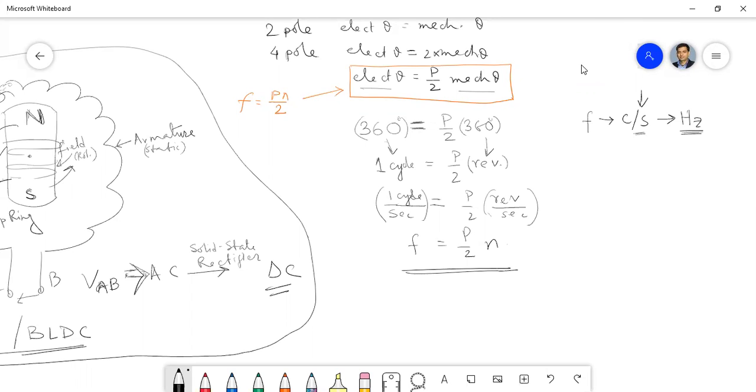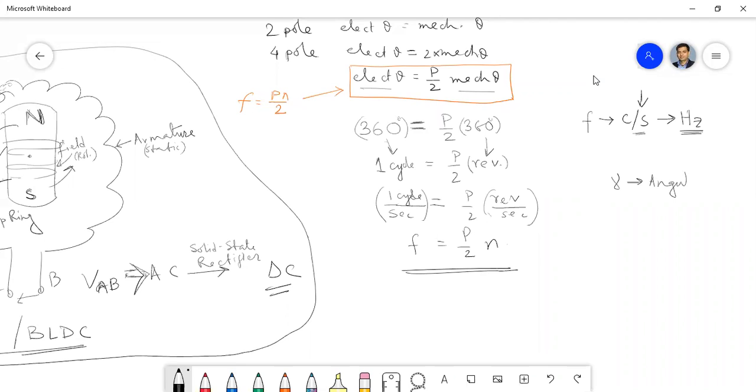Okay, so somebody is saying that yesterday I denoted electrical angle by gamma. Electrical angle I can denote by anything. Gamma we used not for electrical angle, but for the angular slot pitch.